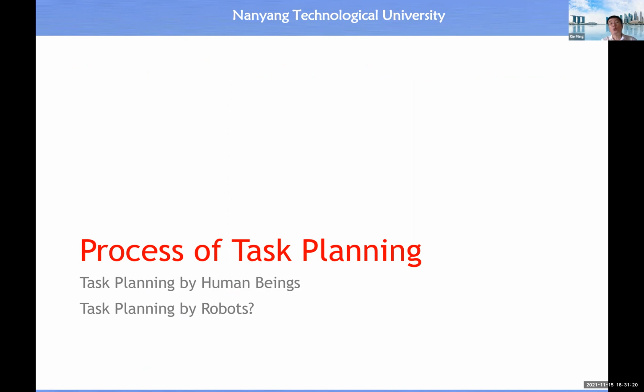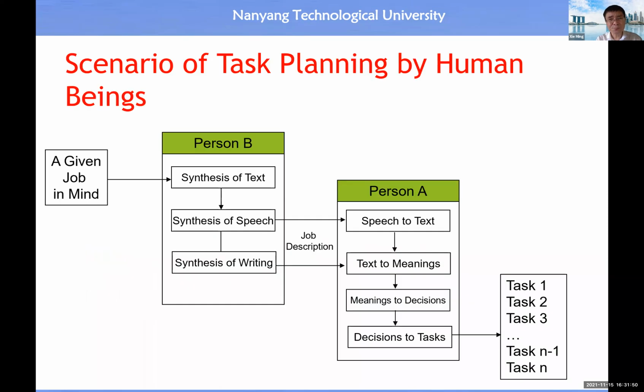Then how do we transform the input, which is a job description, into the output, which is the task description? We need to know what the process is which will enable us to achieve task planning. Here we may consider two scenarios. The first scenario is to do task planning by human being. The second scenario is to do task planning by robot.